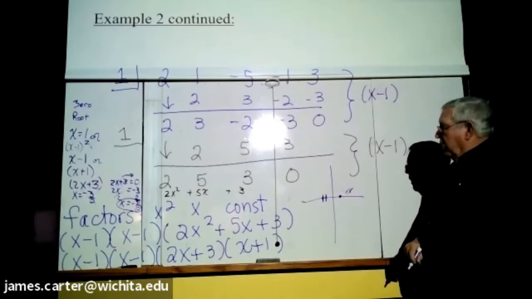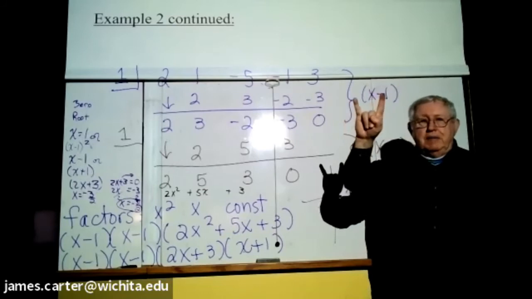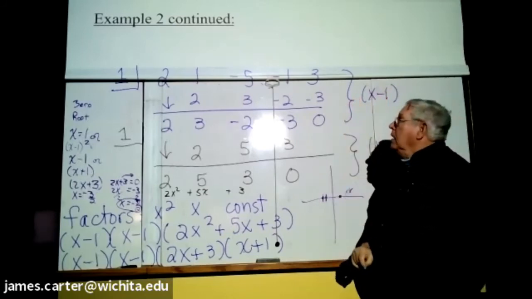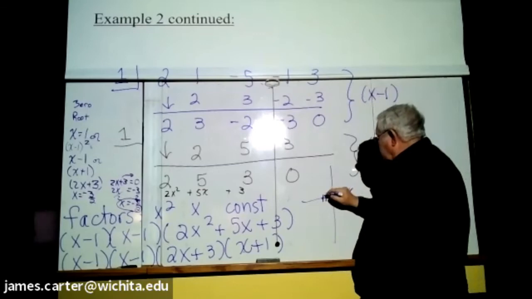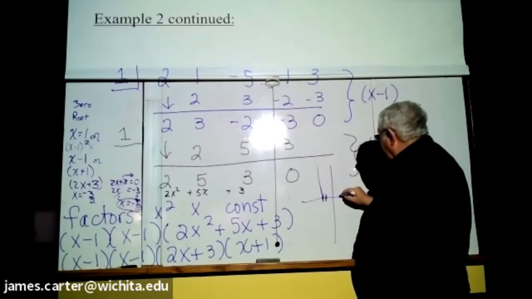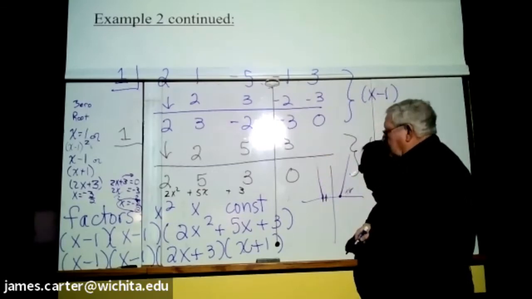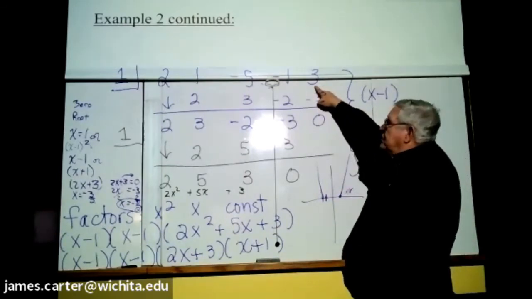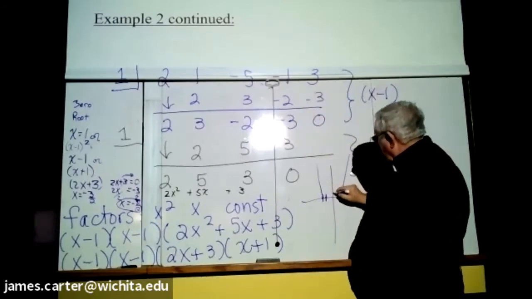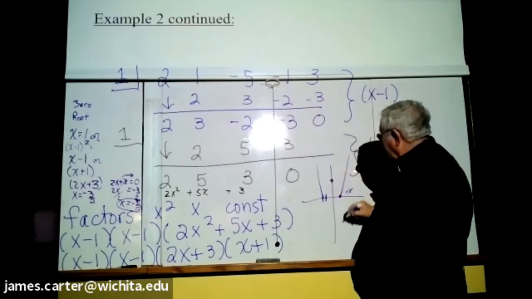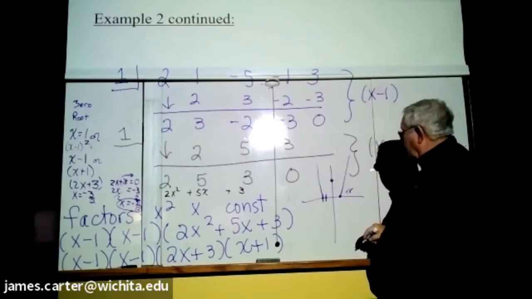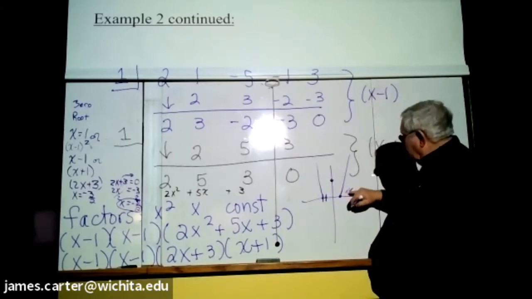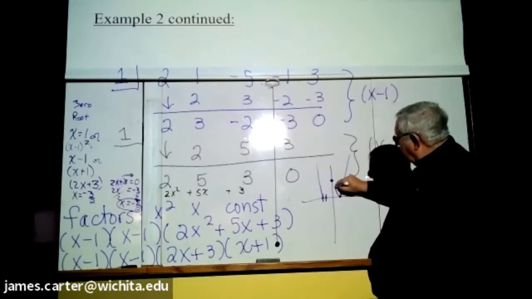Now, this thing started out as a 4th degree, so that means it's got to go up and up because the leading term was positive. So this is going to go up like that, and that's going to go up like that. The only other thing we could do is look at the y-intercept on the original equation, which was 3. 1, 2, 3, right here. This one's a touch and go, so we know it's got to come up like that.